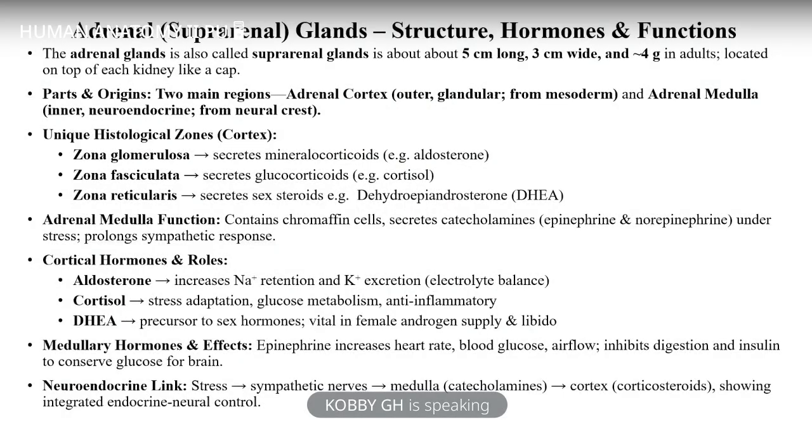The cortex has 3 subzones, or subdivisions: the zona glomerulosa, the zona fasciculata, and the zona reticularis. These are the 3 divisions of the adrenal cortex.